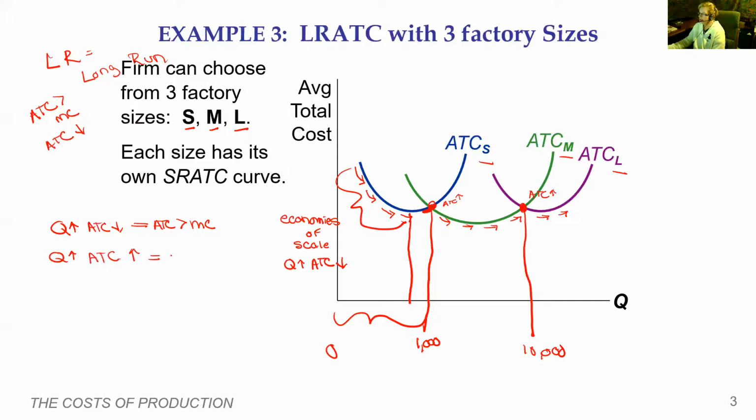So that means that if I stuck with this small factory size after 1,000 units, my marginal cost would be greater than my average total cost, causing my average total cost to increase. This phenomenon is called diseconomies of scale.